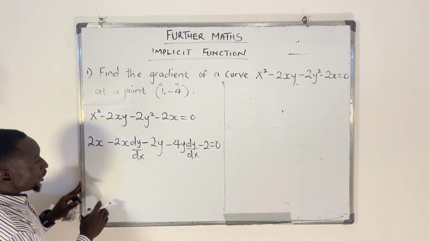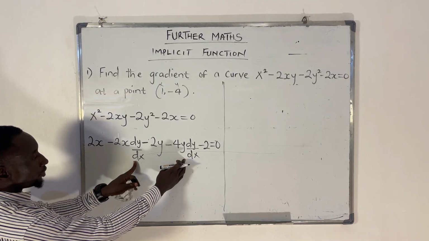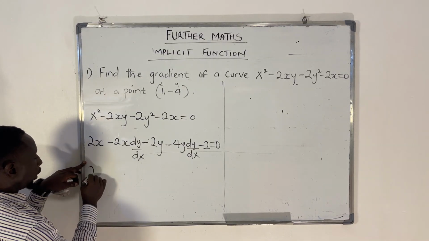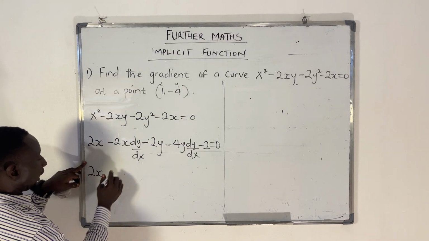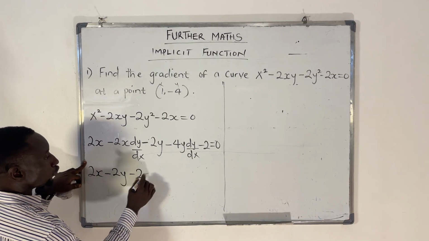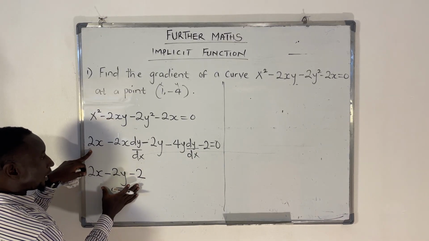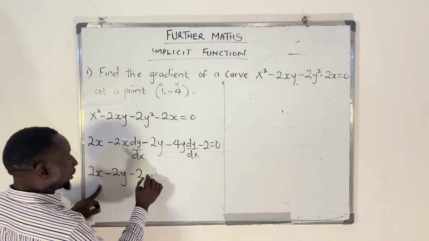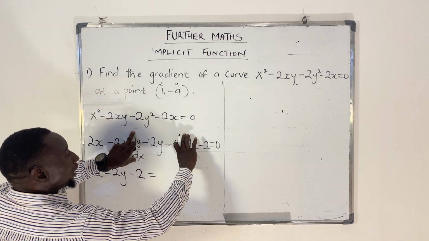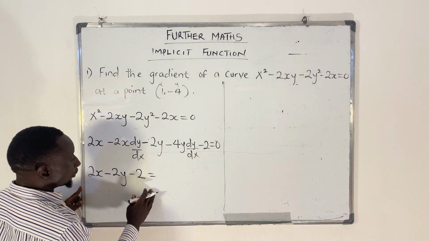So we can now rearrange. Like I said earlier, these two terms have dy/dx in common. By rearranging, we have 2x minus 2y minus 2. These terms do not have the dy/dx, so I'm bringing them close to each other. Then you can transpose the two terms that have the dy/dx to the other side of the equation.